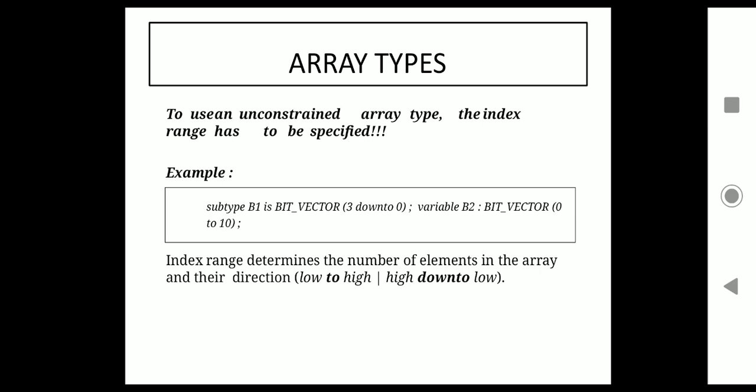For example, subtype B1 is bit vector 3 down to 0, and variable B2 is bit vector 0 to 10. The index range determines the number of elements in the array and their direction, that means whether it is from low to high or high down to low. These are the two methods that you can use to indicate the index range to define the elements present in the array.